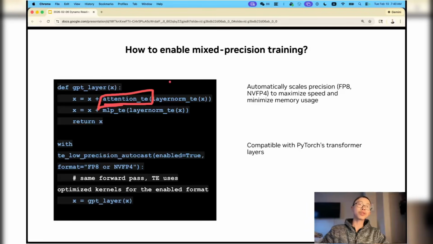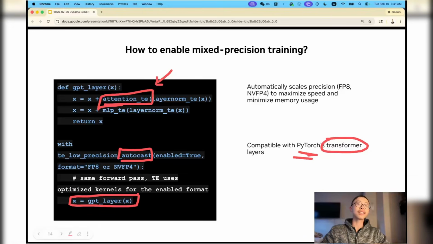You only need to call those composable blocks imported from the engine, and they are compatible with PyTorch transformer layers. Then you use an autocast feature when performing the forward pass. This enables a large computation improvement in those forward passes. You can not only use FP16, you can even use lower precisions, such as 8-bit or even 4-bit, to maximize speed and minimize memory usage.